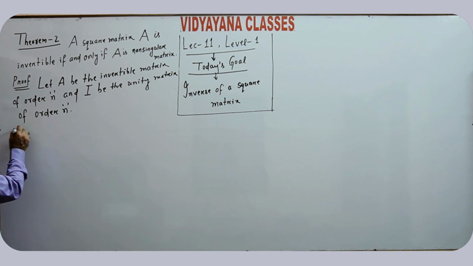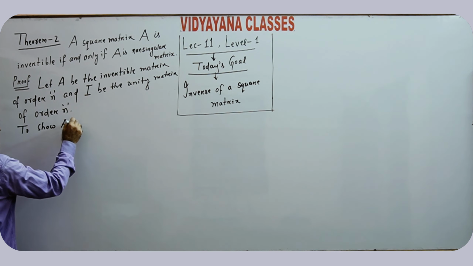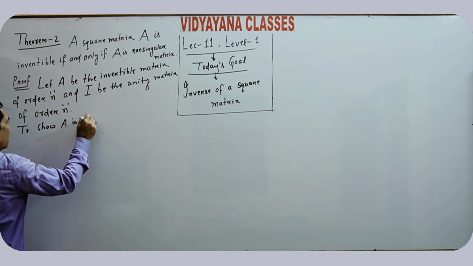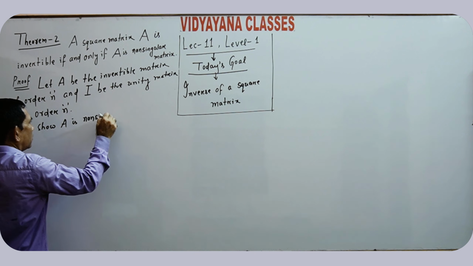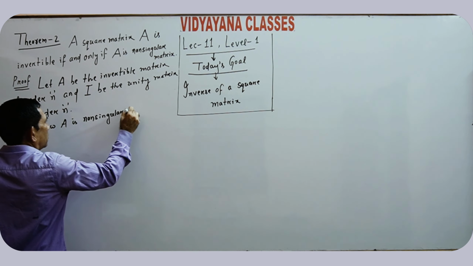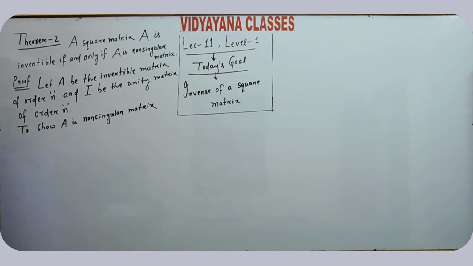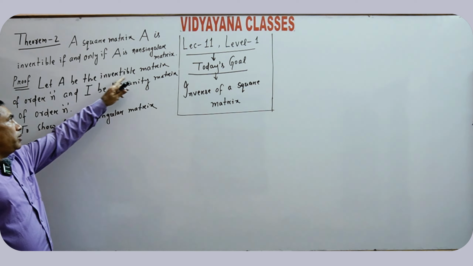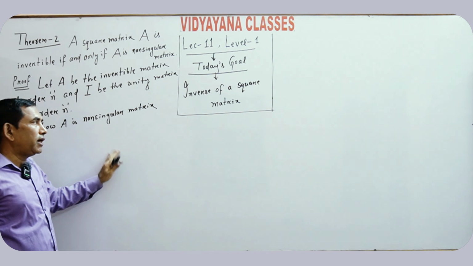To show A is non-singular. Matrix A is invertible implies A is non-singular.